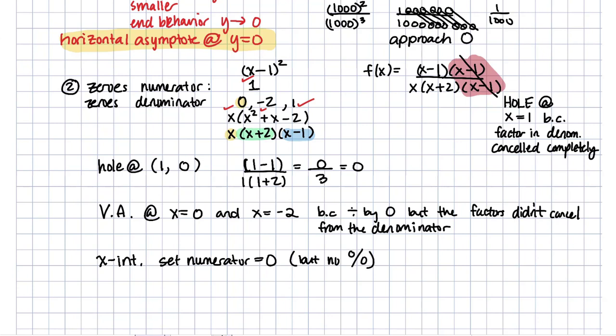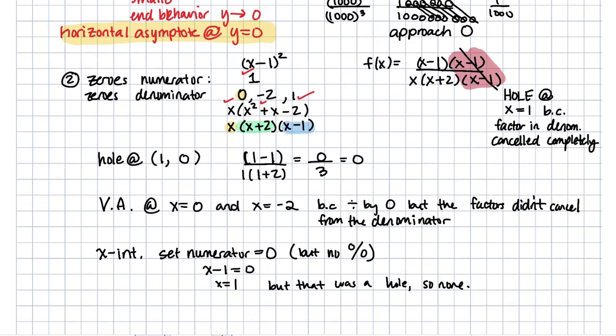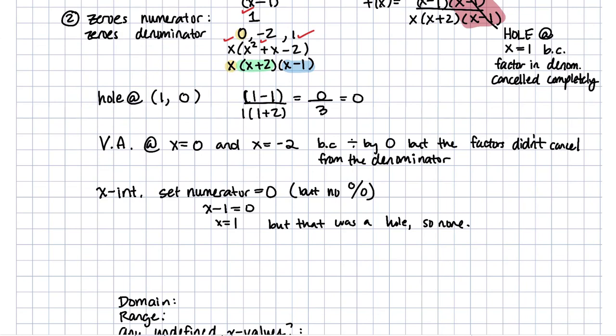You can't ever have division by 0. So when we set our numerator equal to 0, we get x minus 1 equals 0, and we'd say, oh, we have an x-intercept at 1. But we already figured out that we had a hole at (1, 0). So there's none.